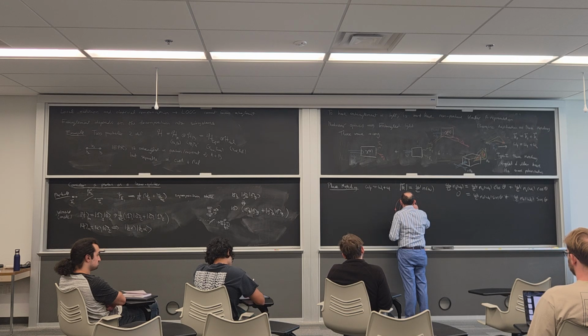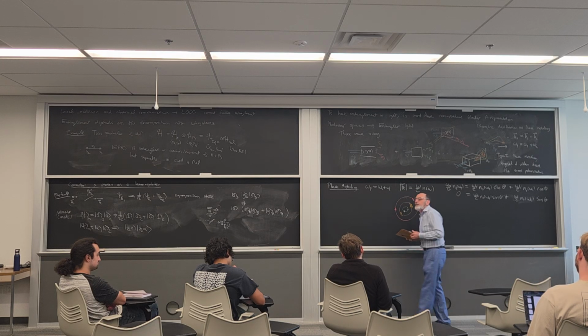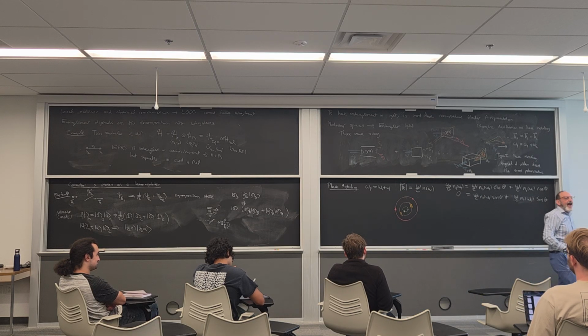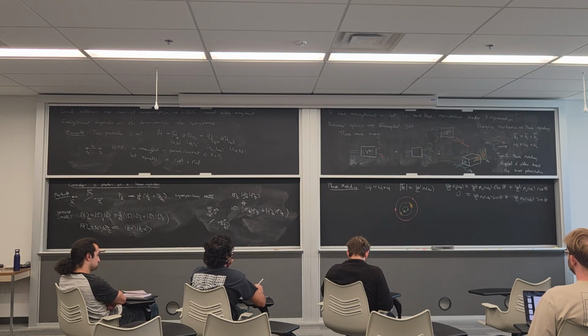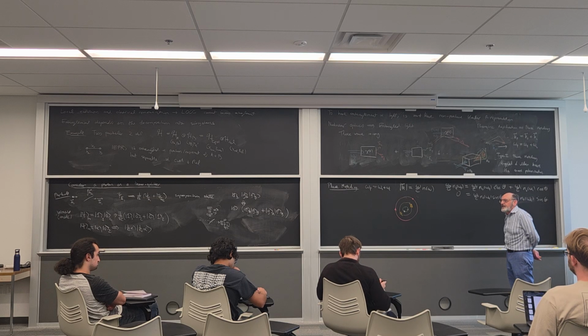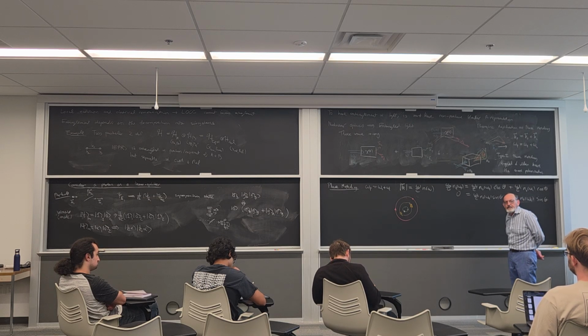I could have a guy over here and a guy over here. So these different shapes that I'm drawing represent different pairs of photons that could be emitted in this process and satisfy the phase matching condition.